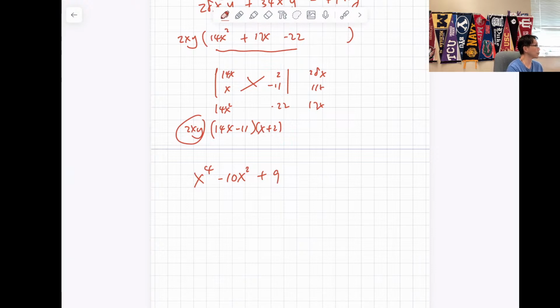Let's see how many people can factor right. So remember, if I teach you how to factor, I'm going to go pretty fast, because all this you learned before. It's not something you never learned before.